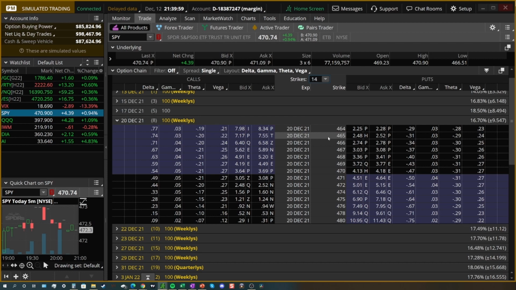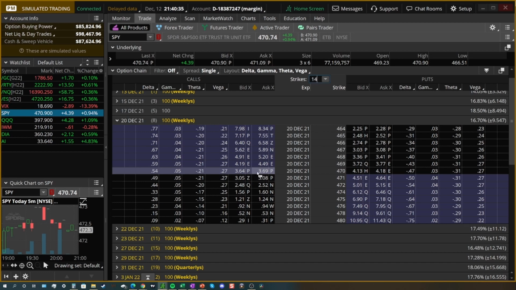But then you increase the volatility, and now it has a better possibility to go to 476 and 440 or 464. So that would increase the price of the option. You just think about it in those terms. If you increase the volatility, the stock has a wider range it can go to, which will increase the price of the options. That's how you think about Vega and how it will impact your option prices.